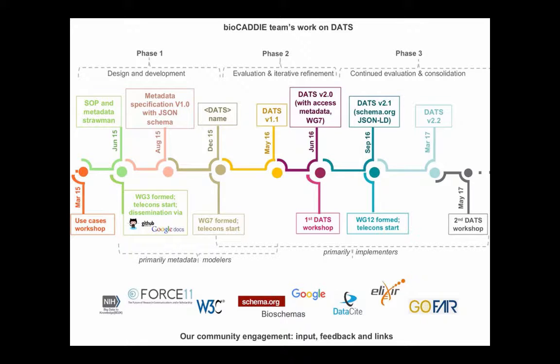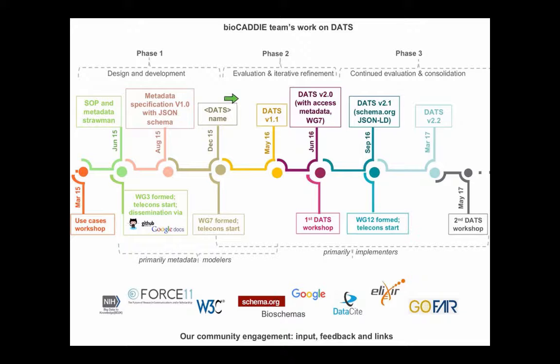So really, in August 2015, we released the first version of this model, and that was through a set of conferences and iterative process of development, consulting a number of use cases.